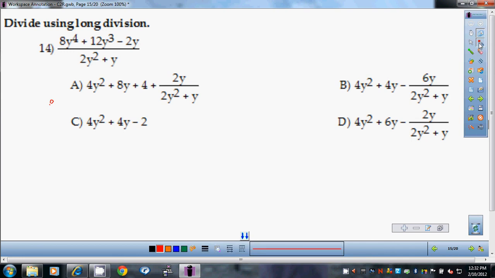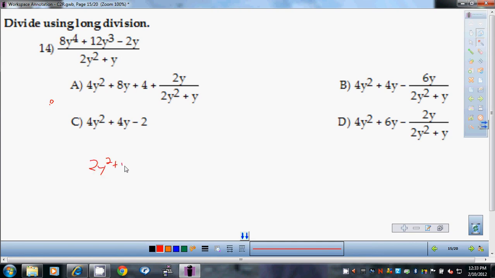Kind of nifty. The point is, that's another thing you can look for. I don't know if this is going to come into play on your test or not, but you could have noticed, hey, 2 and y. Oh, nope, 2 doesn't go into this one. Never mind. But y does, so you could have simplified it before you did it. But nonetheless, let's just do it as is.